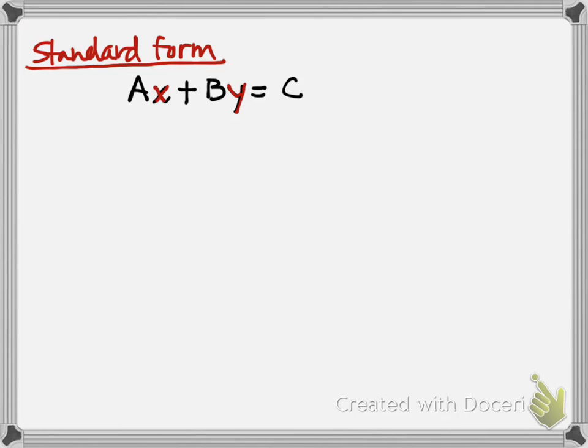So if X and Y are the only variables, then what are A, B, and C? Numbers. But we have some stipulations about those numbers. Number 1, let's talk about A. A always goes with X. A can't be on Y. They're the partners.